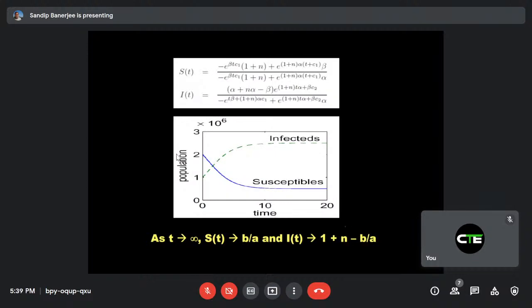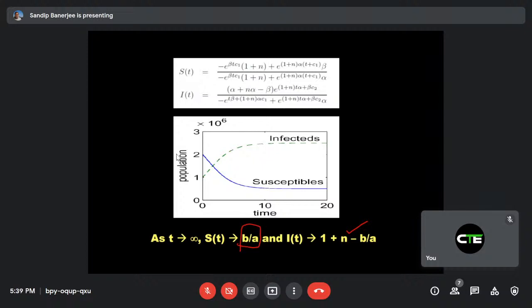I want you to focus on this: in this particular case, there is always a part which is susceptible. As I told you, you have to choose the model according to the disease. Had it been a plague, this wouldn't have worked, because the moment it comes in contact, 100% they will get the plague.